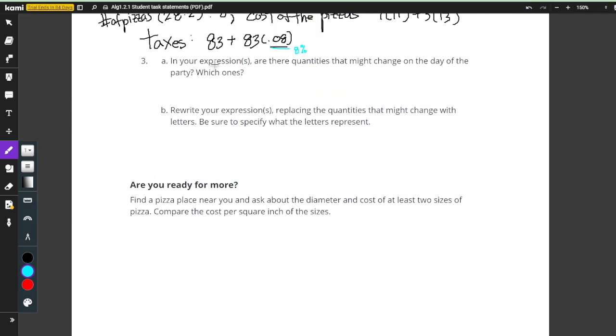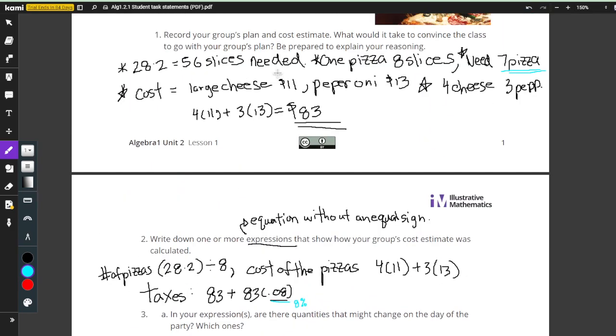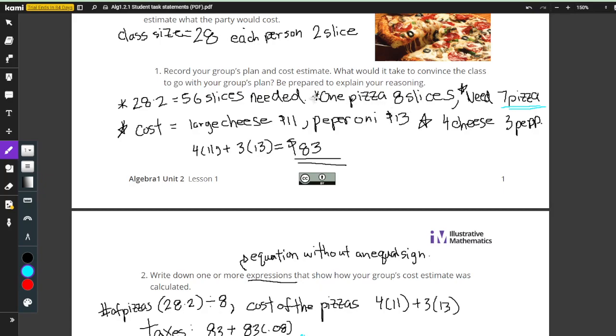Next, in your expressions, which are the quantities that might change on the day of the party? So we're talking about things that might change. Slices of pizza are not going to change. The need for pizzas could change, but that's not what we're talking about.